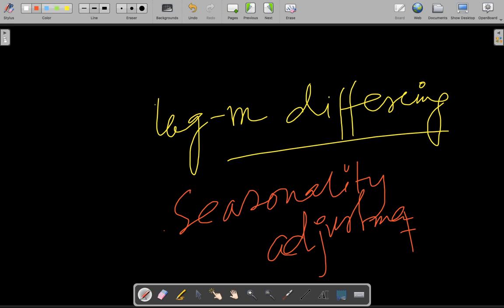One last point is that this differencing concept is important, and we're going to see different types of trends. In this case we have just assumed that yt is dependent on yt minus 1, but there could be other aspects of trend.